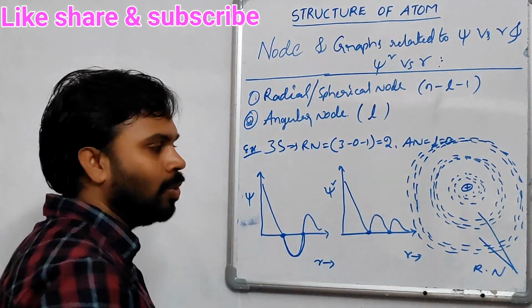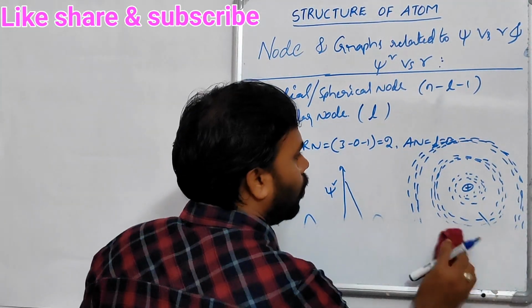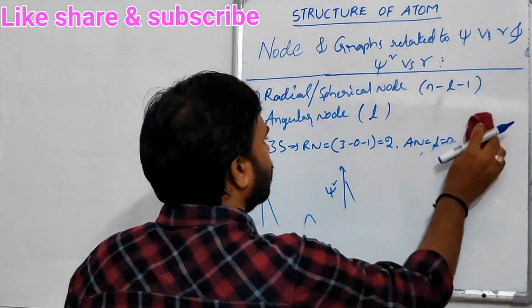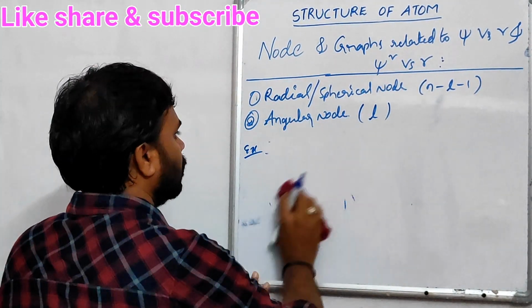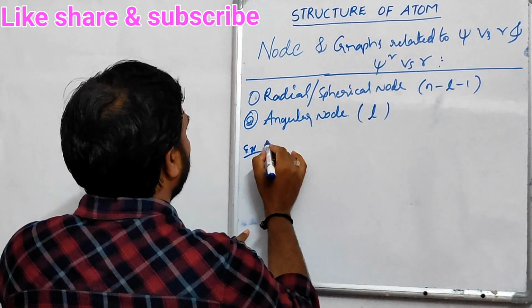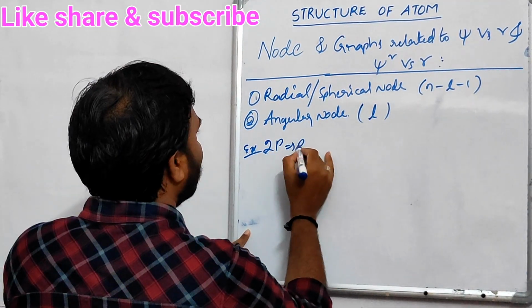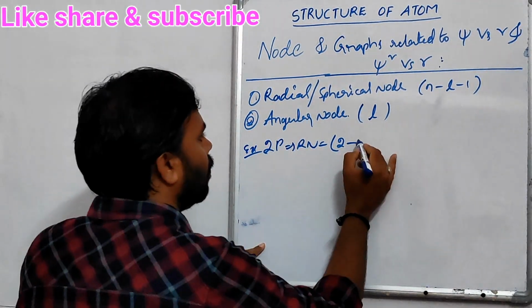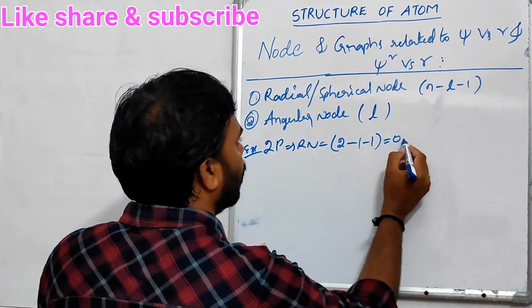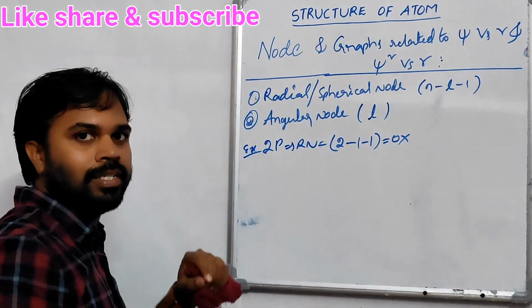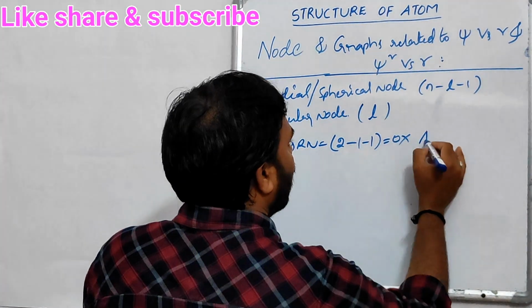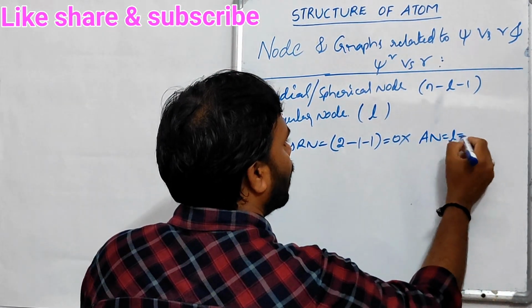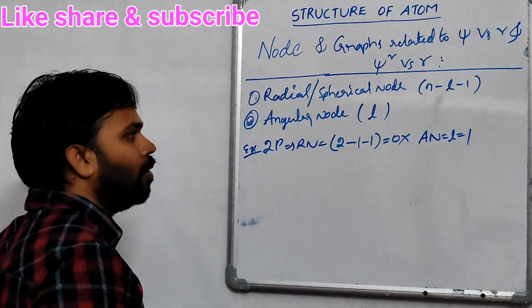Now come to the next example, the 2p orbital. For the 2p orbital, radial nodes is equal to 2 minus the L value, for p it is 1, minus 1, that equals 0. There are no radial nodes present in this 2p orbital. And angular nodes is equal to the L value, that equals 1. One angular node is present.